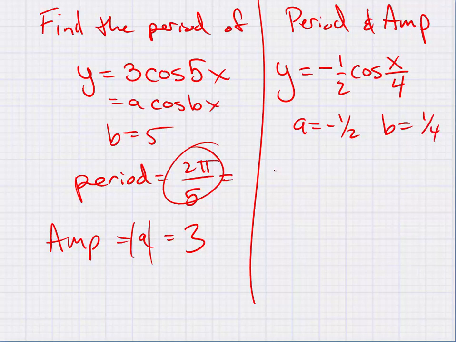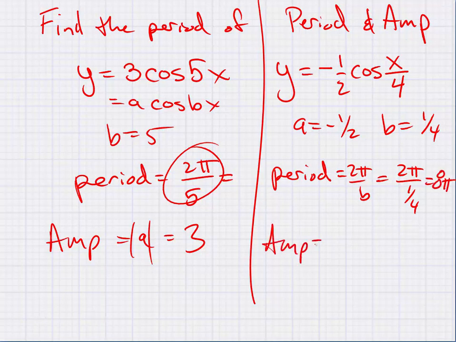So my period is 2 pi divided by b. So in this case, 2 pi divided by 1/4. Flip and multiply, you get 8 pi. My amplitude is the absolute value of a. Absolute value of negative 1/2 is 1/2. So period of 8 pi, amplitude of 1/2. Okay?